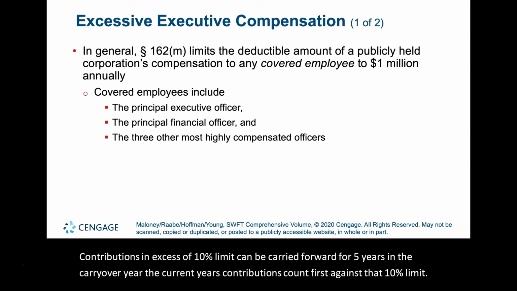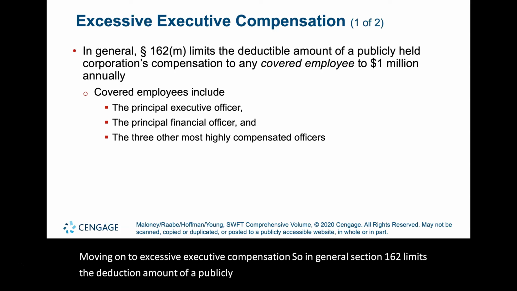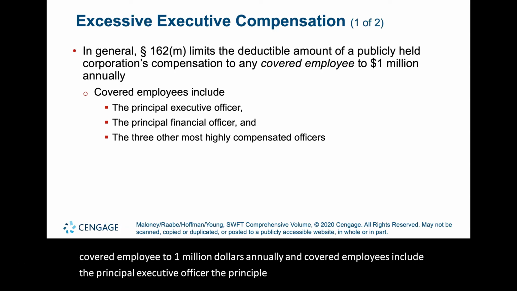Moving on to excessive executive compensation. So in general, Section 162 limits the deduction amount of a publicly held corporation's compensation to any covered employee to $1 million annually. And covered employees include the principal executive officer, the principal financial officer, and 3 other most highly paid compensation officers.